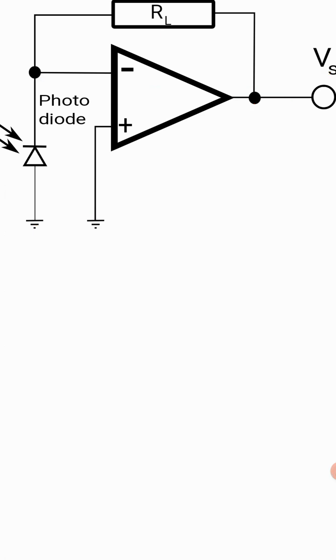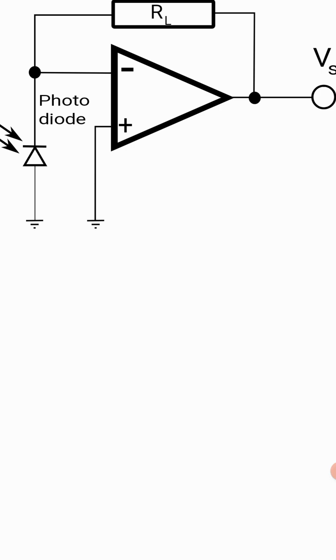So how will this circuit work? These two arrows indicate the light falling on the PN junction semiconductor diode, which conducts a reverse bias current in a reverse bias condition.